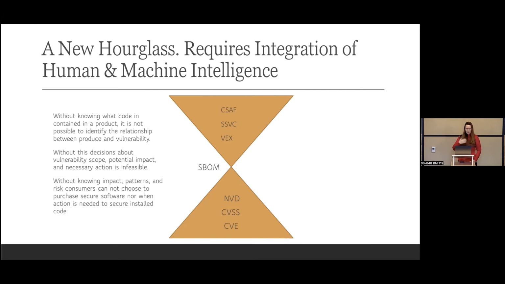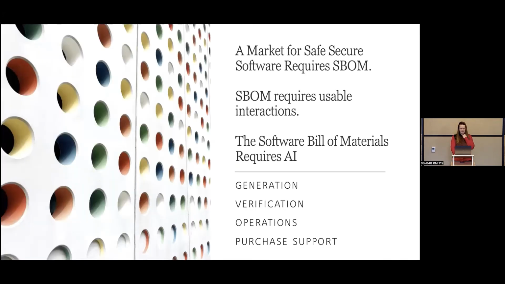And so without knowing what code is in a product, you can't identify the relationship between, sorry, this is the first time I've done this slide and I have a typo. Let's call it produce. Some code is fruity. And without knowing the impact and patterns and risk, consumers can't choose to purchase secure software and they can't keep themselves safe. So a market for safe, secure software requires SBOM.